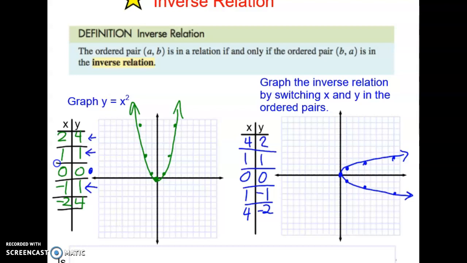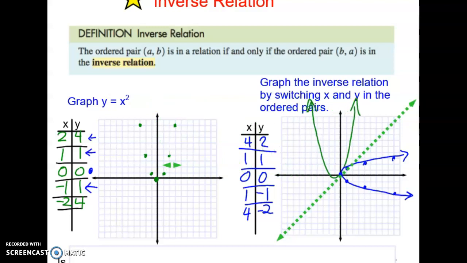Now, I personally generally have to plot some points and flop them. But really what an inverse is doing is reflecting something over the line y equals x. So I'm going to grab this green over here and move it because, again, smartboard. Watch. Every point that's originally on the green line goes somewhere on the blue.